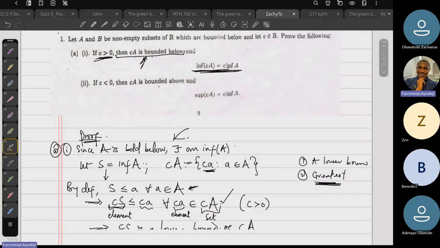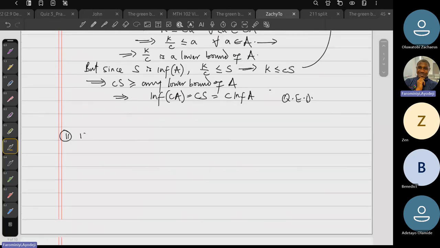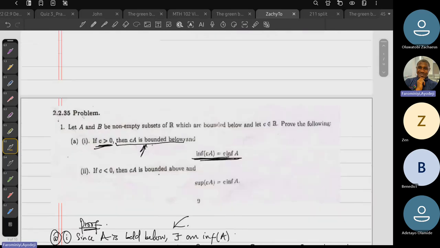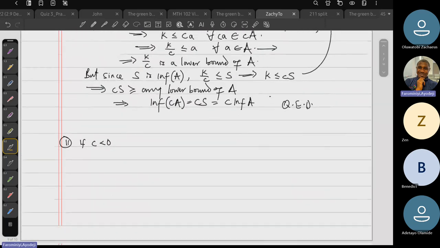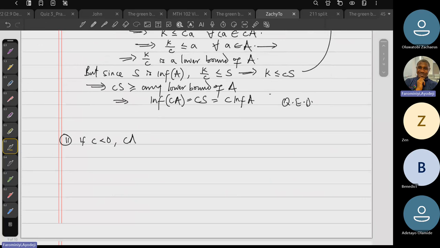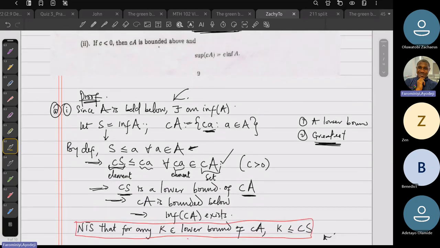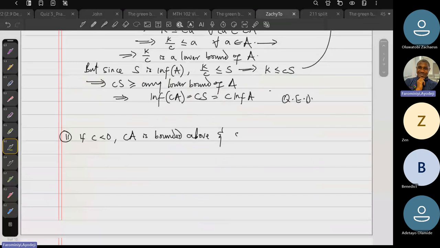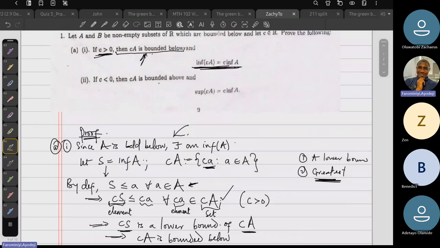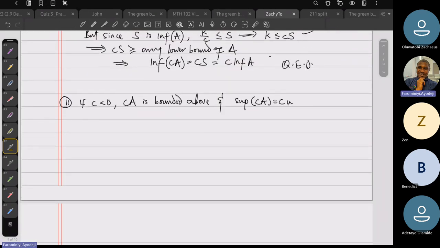If C is negative, we want to show that CA is bounded above. And of course, when we are talking about being bounded above, that has to do with supremum. Supremum of CA is equal to C times infimum of A.